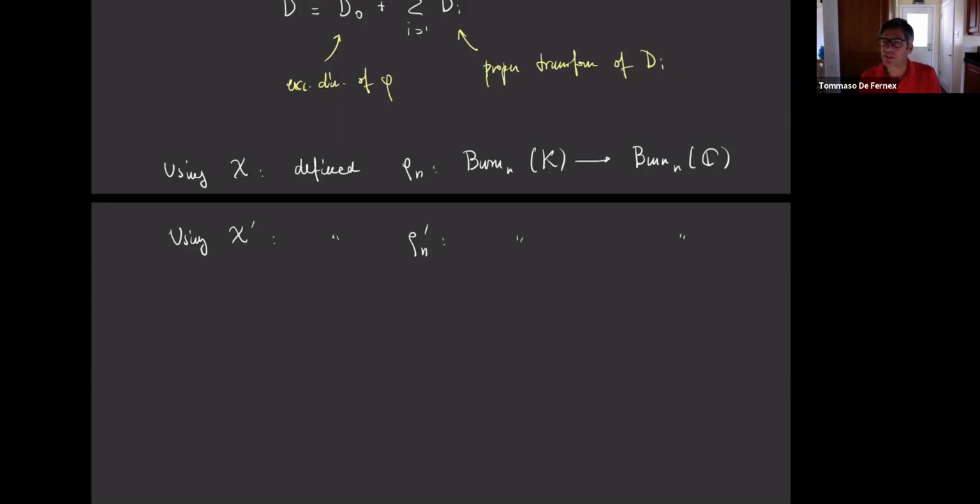The expression itself on the nose is different because D prime has more components, so we're going to have more strata. So the sum in the definition of rho prime is going to have more terms than the corresponding sum in the definition of rho. What we need to argue is that there are cancellations so that the sum reduces to the previous sum. The rho prime reduces to rho.